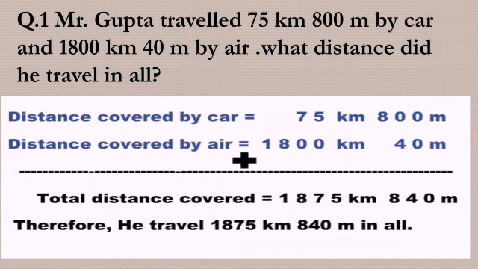If there is any unmentioned unit, you have to put 0 there. There are two different units involved, kilometer and meter, so we have to place the numbers in the proper place and then add. After adding, I have got 1875 kilometer 840 meter. So he traveled 1875 km 840 meter in all.